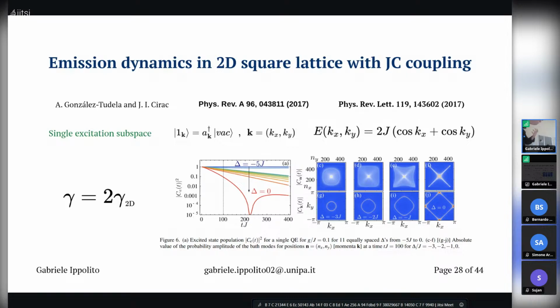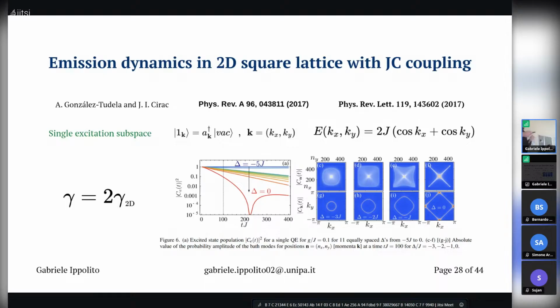the emission dynamics of an emitter linearly coupled with a 2-dimensional square lattice. The only substantial difference is the decay rate. The decay rate in my system is twice the decay rate that they observed.